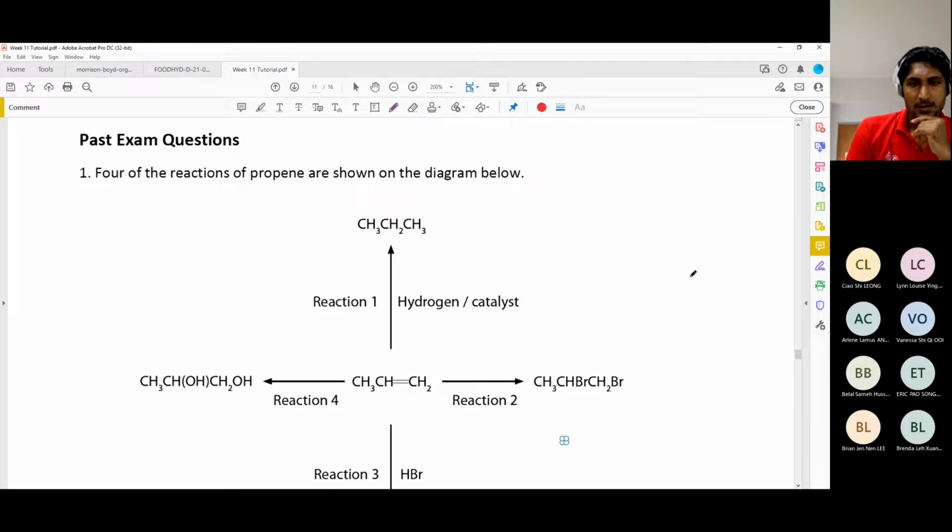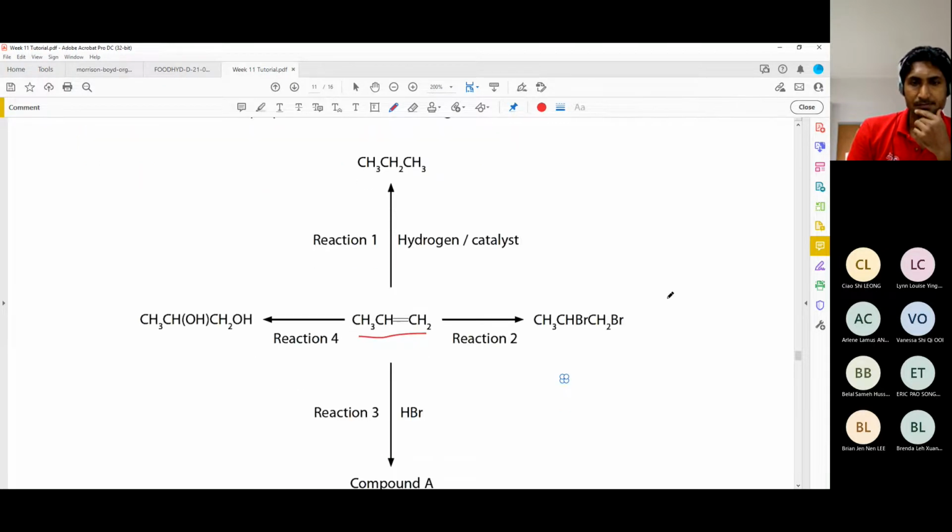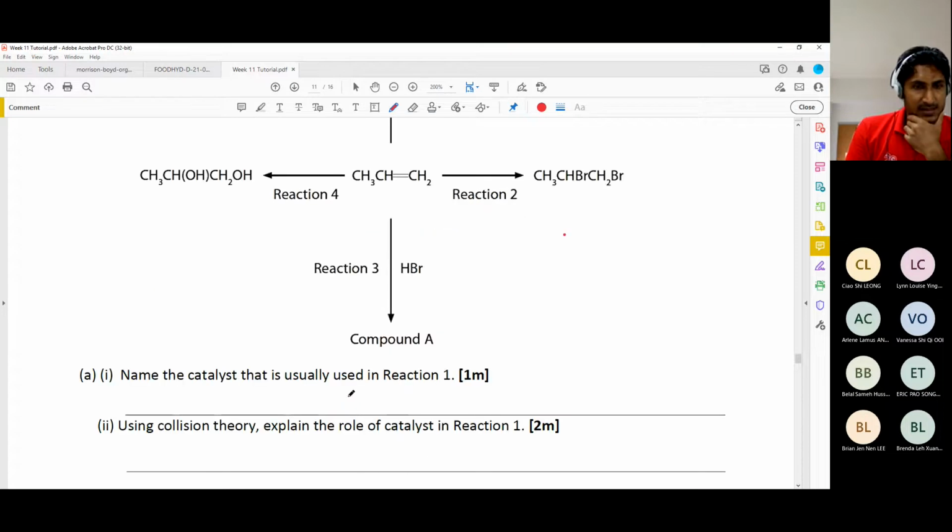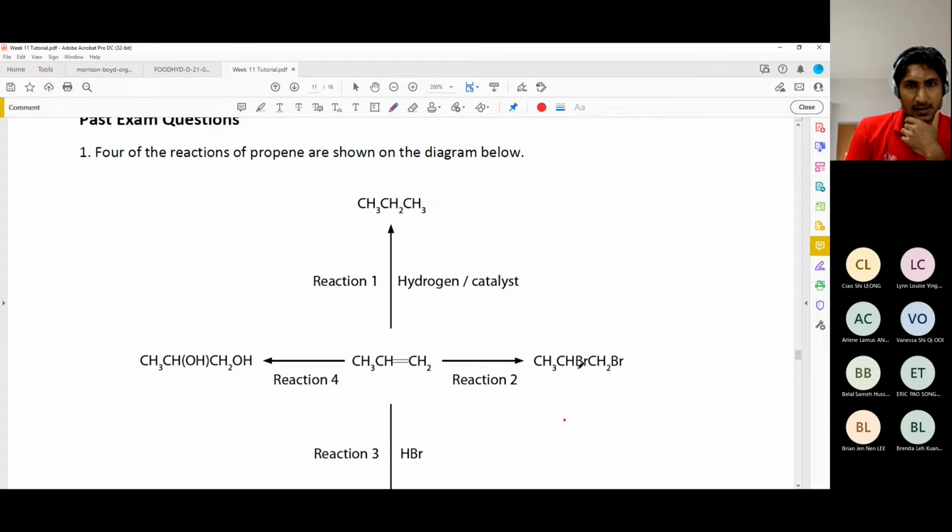No. Right. So the same thing, past exam question. It says that 4 of the reactions of propene are shown in the diagram below. The question is, name the catalyst that is usually used in reaction 1. So if I add hydrogen in the presence of some catalyst, then the double bond will be broken and the saturated hydrocarbon will be produced, that is propane.